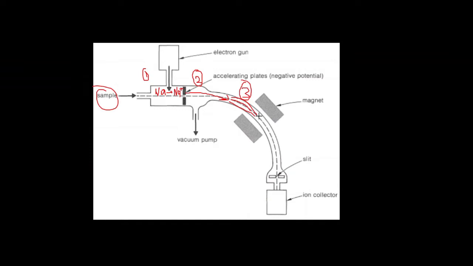Finally, at the very bottom, we go to detection, which is where we are going to get all of our results. And that is how a mass spectrometer works. Now that we have an idea of that, let's get into actual problems with graphs.